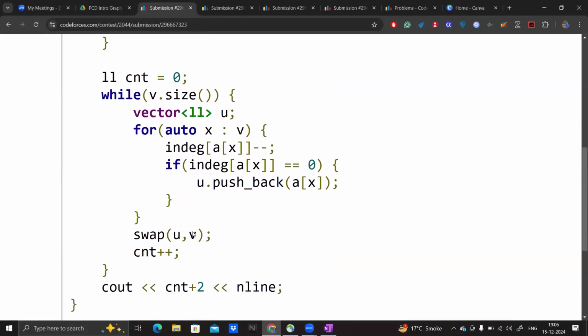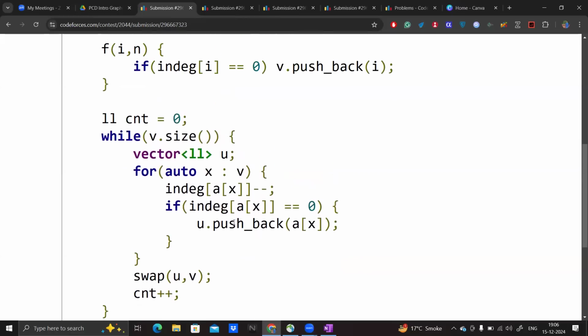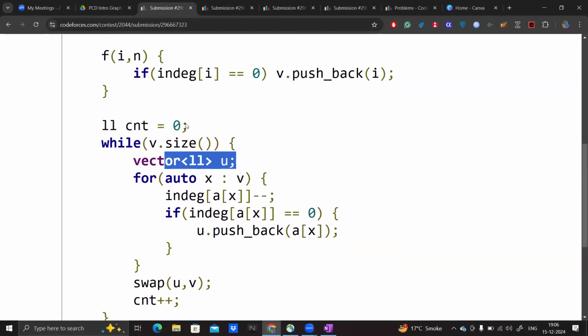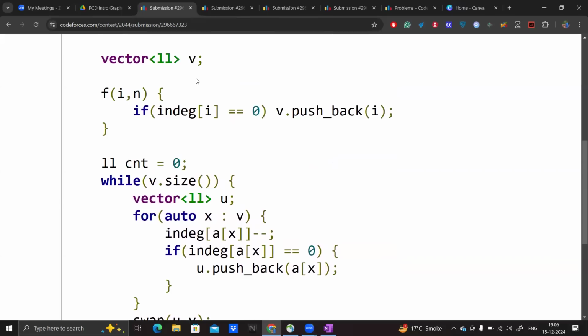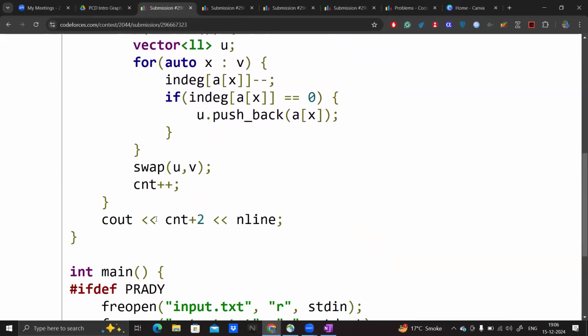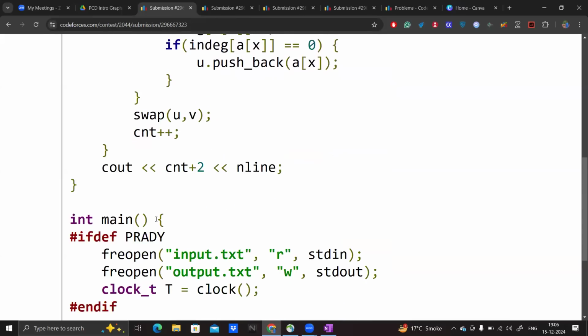That is the same as u equals v in this case, and count++. So all the vertices in u will go into v, and the loop continues like that, count++, and we will just output count plus 2. I hope it is clear. Okay.